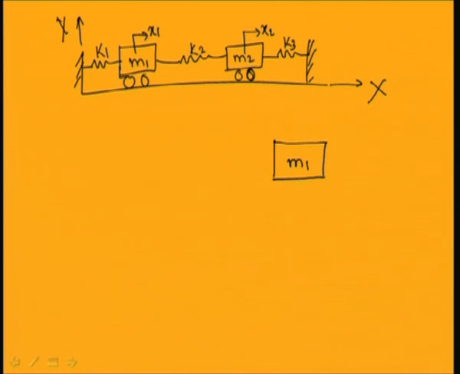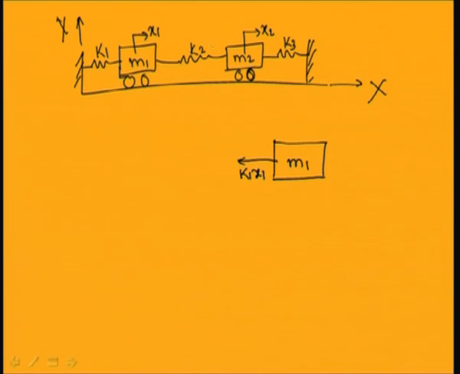For this mass m1, the forces acting on it are, first, the spring force K1 x1. As the mass moves towards the right, the spring will be extended, and in turn it will exert a force K1 x1 on the mass. The other force comes from the spring K2 to the right.